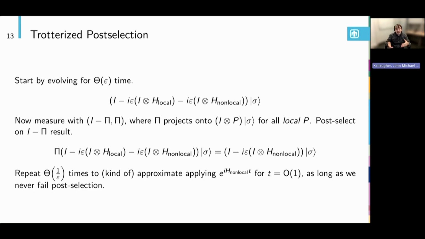And so if we repeat 1 over epsilon times, and we're fortunate enough to never fail the post-selection, what we'll end up doing is we'll approximate applying the time evolution of the non-local part of h for a constant amount of time.